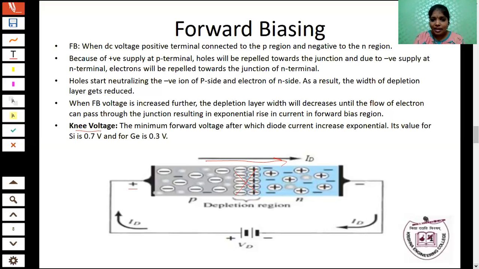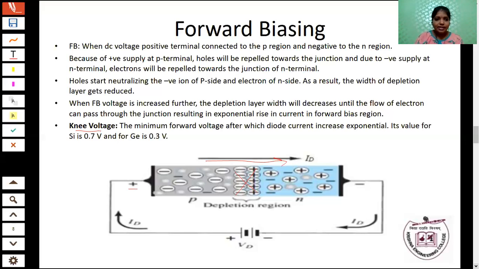If you are using a silicon material, it needs 0.7 volt to break the potential barrier created in the depletion region. If you are using a germanium material, once the voltage increases above 0.3 volt, what will happen? The electrons get enough energy and break the electrical field. The current, that is the electrons, moves very fast. If electrons move very fast, what will happen? It will increase the current flow.